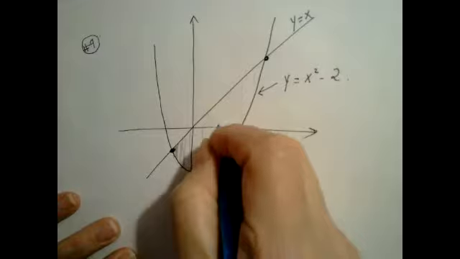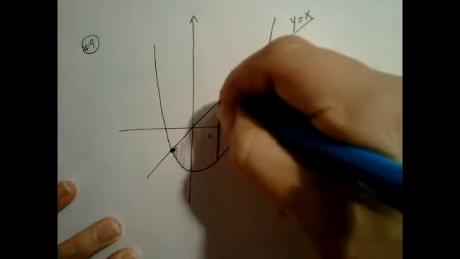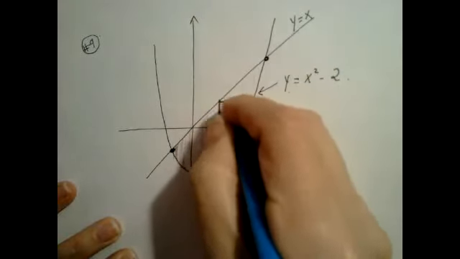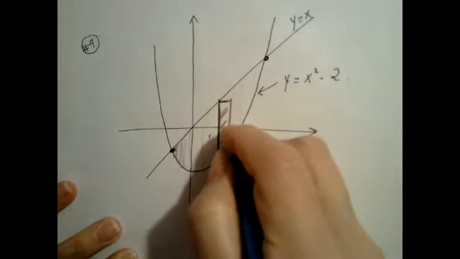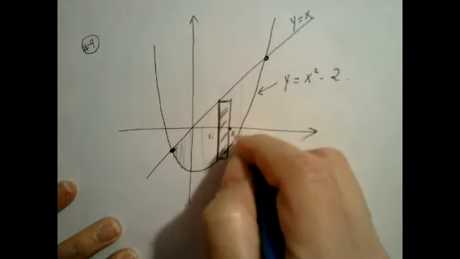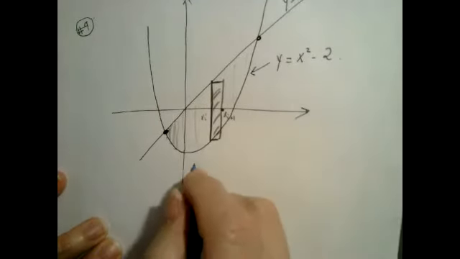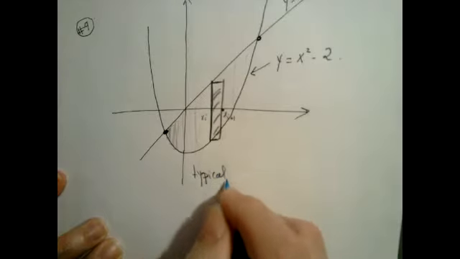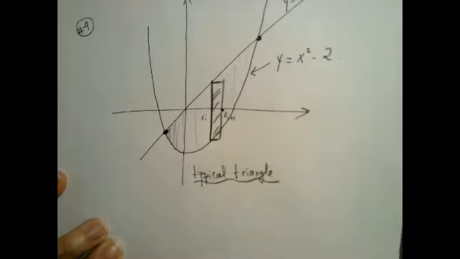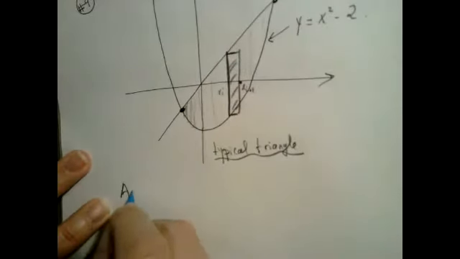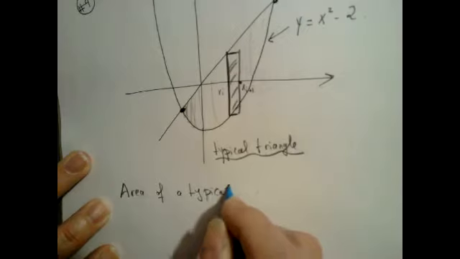So a typical rectangle, let's draw it. That's the type of rectangle we will cover the whole region with. So that's my typical one. And that's x sub i plus 1. And we have to find the area of a typical rectangle. Not the whole area, the area of one typical rectangle, and then we add the sum.